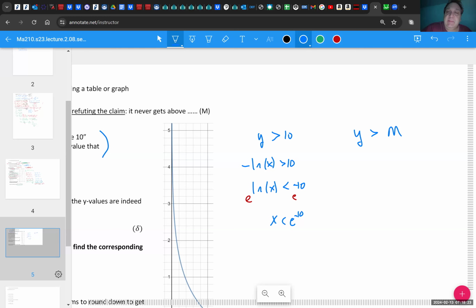We can do this exact same calculation, and we end up with a formula that allows us to say, okay, no matter what m you choose, whatever you think is the maximum value for this thing, x just has to be smaller than e to the -m. So if they say a million, we just do e to the -1,000,000, and that will be an x value which gets closer and closer and closer, specifically closer than 1,000,000.